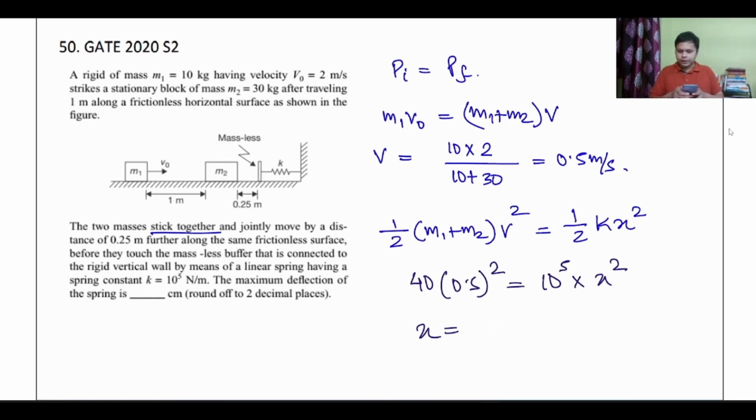I'll use my calculator: 40 into 0.5 whole square divided by 10 to the power 5, then root over the answer. I'm getting the value as 0.01 meter, right? The answer is asked in centimeters, so x is equal to 1 centimeter. So this is the answer.